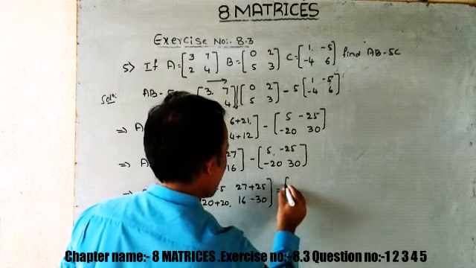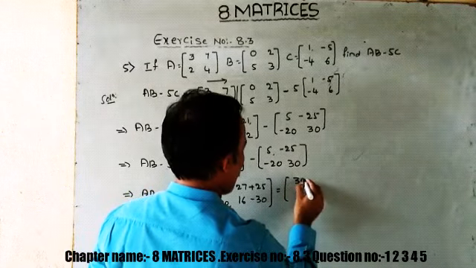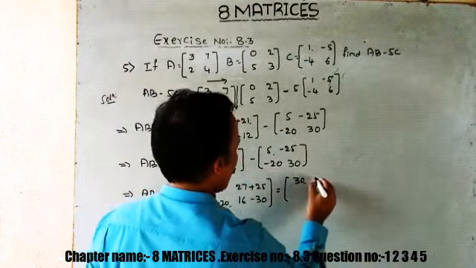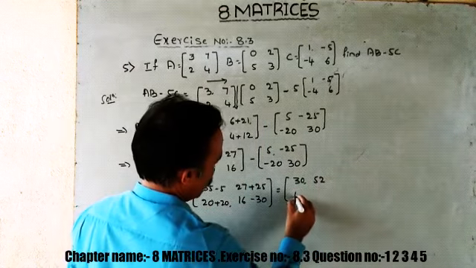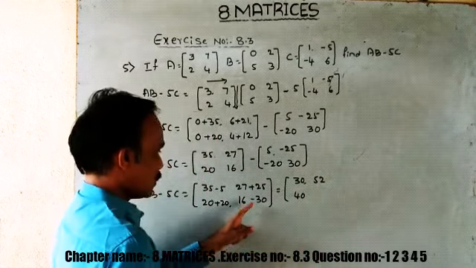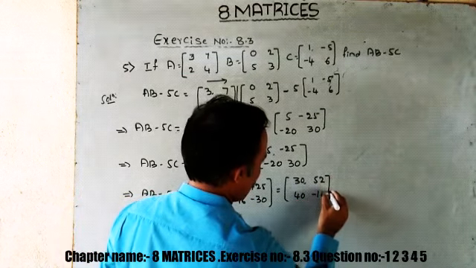So the final answer is 35 minus 5, 30. 27 plus 25, 52. 20 plus 20, 40. 16 minus 30, minus 14. So this is the final answer.